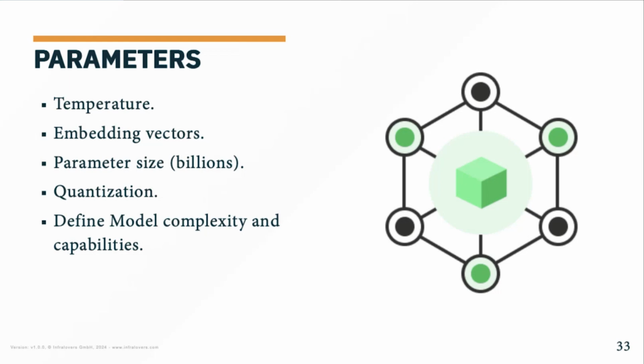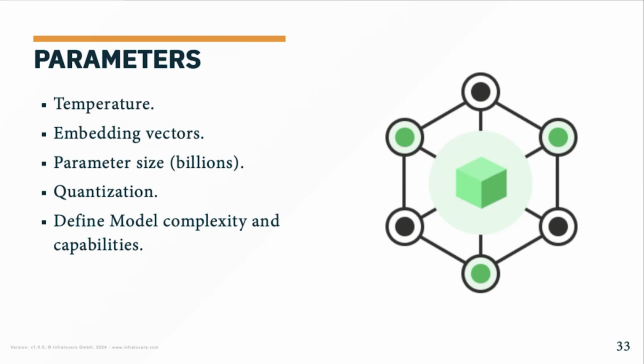Then we have the size of the model, which is often measured in billions of parameters, and it determines how complex and powerful the model can be. For example, larger models can handle more advanced or complex tasks, but they will typically require more resources.